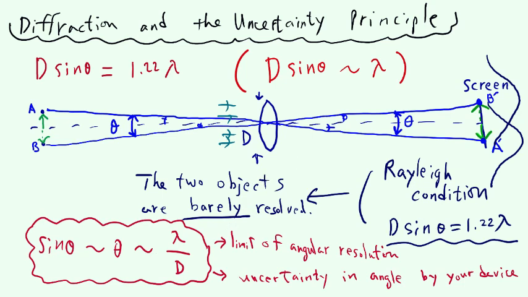As the name implies, this uncertainty has much to do with the uncertainty principle in quantum mechanics. So let's briefly discuss that. In order to see the connection between the angular resolution or angular uncertainty with quantum mechanics, let's consider this very well-defined problem here.